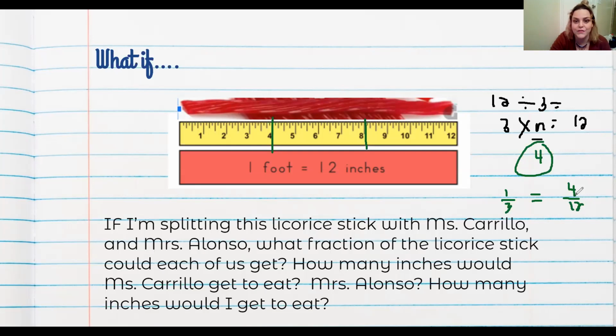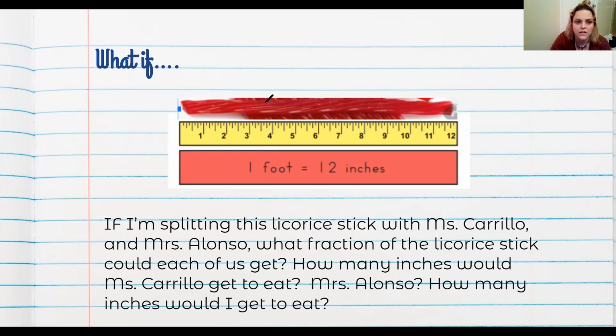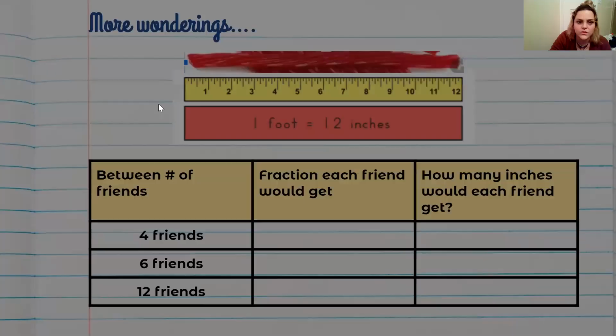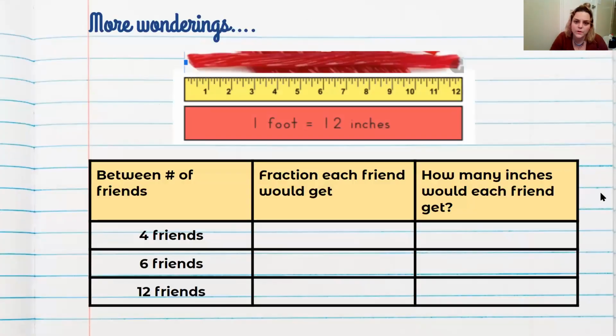Now we're going to do a few more together. So clear all drawings and then mouse. All right, we're going to have a few more that we're going to do together. So this one's a little bit different. I want you guys to pause this video right now so that you can copy this down in your math notebook.